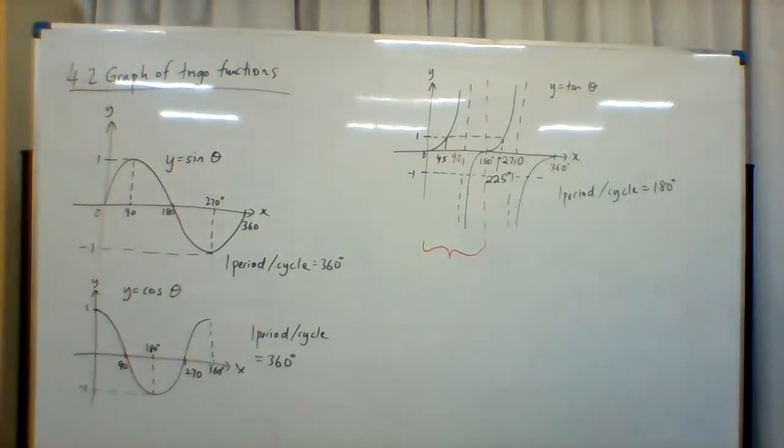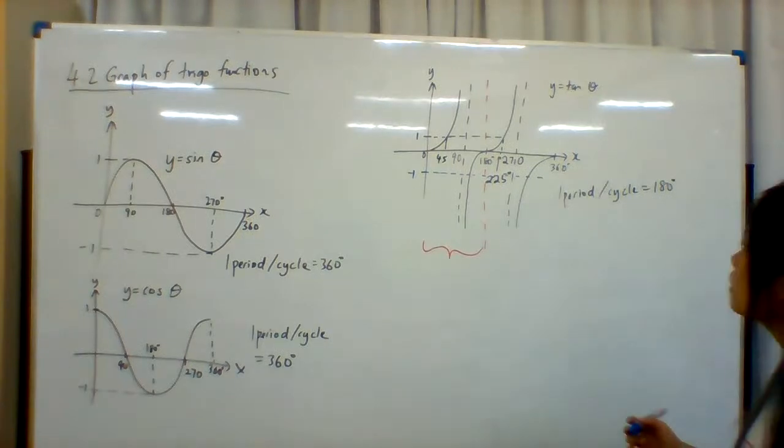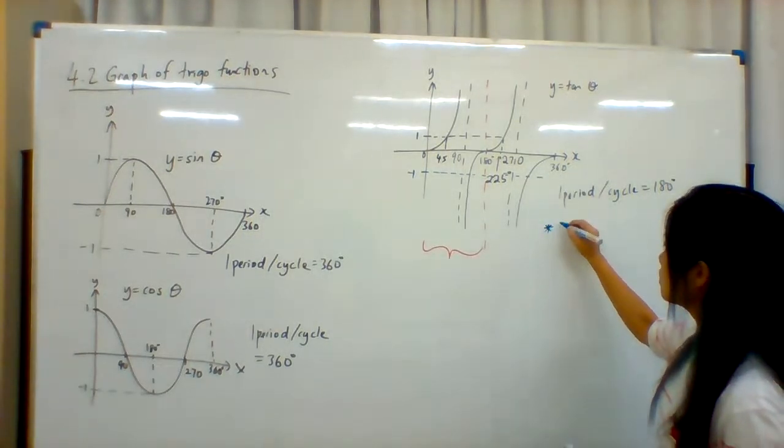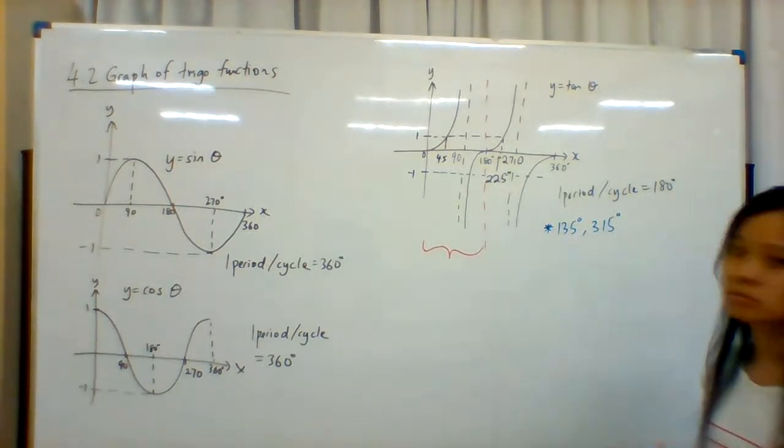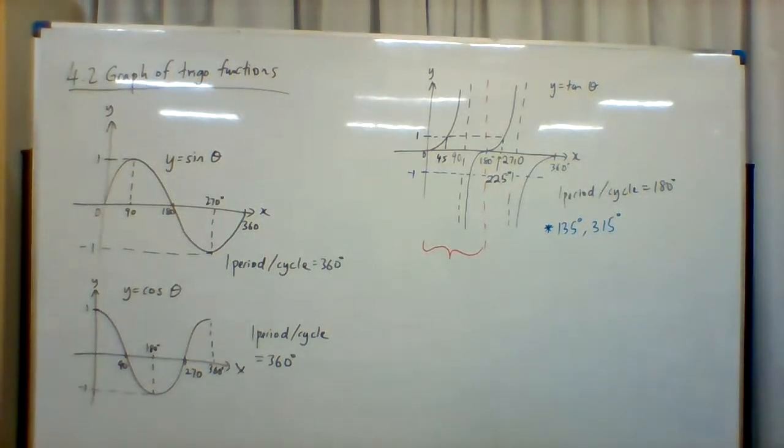Then for your -1, you need to remember that it will be at 135 and 315. Yeah, right here. Take note of all the important values you need to remember. Okay, we're almost done, so bear with me.